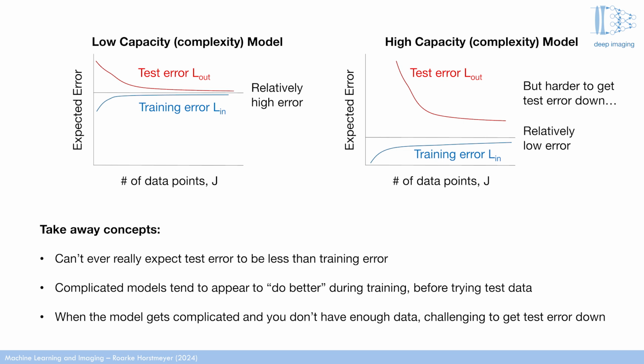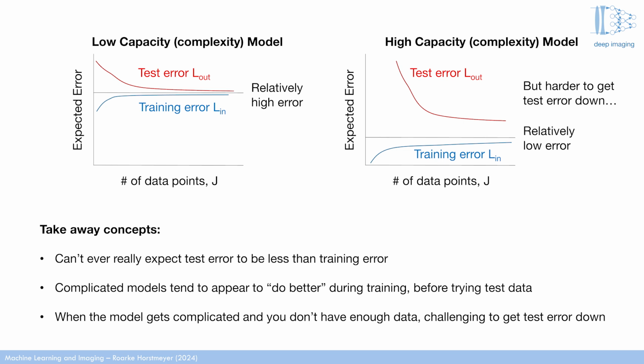And this is one reason why it might not work well. Okay? And this is just not anything to do with you or your code. This is just foundational math telling you that you have to be careful about how complex your model is and how many data points you have to train and test. Okay? The takeaway concepts. Your test error, like I said before, will never be less than your training error. Right? The test error can only asymptotically approach the training error in the limit of many data points.